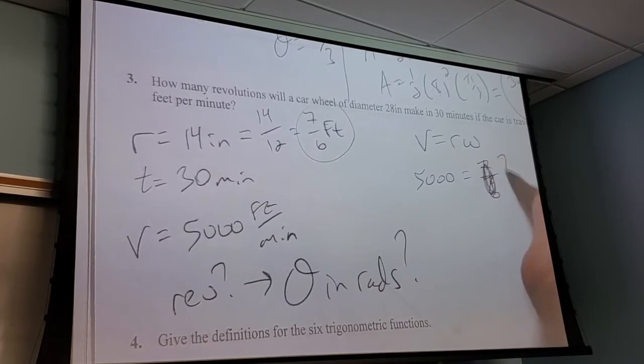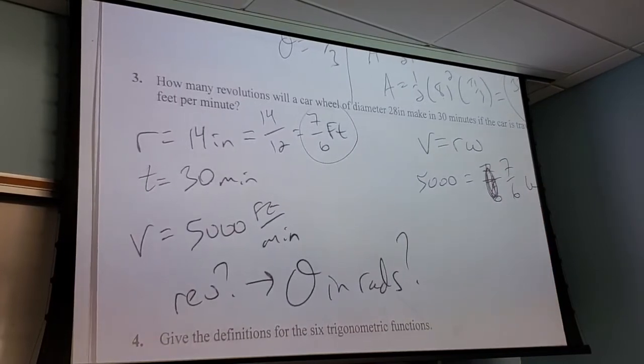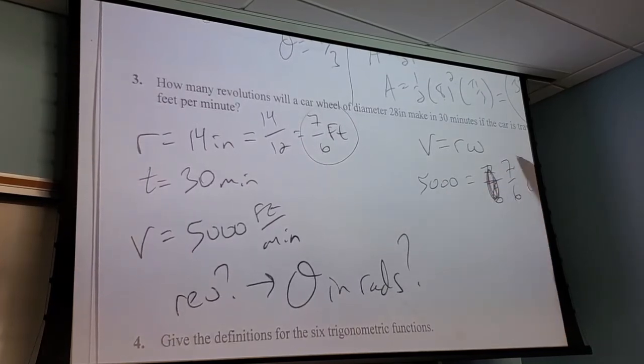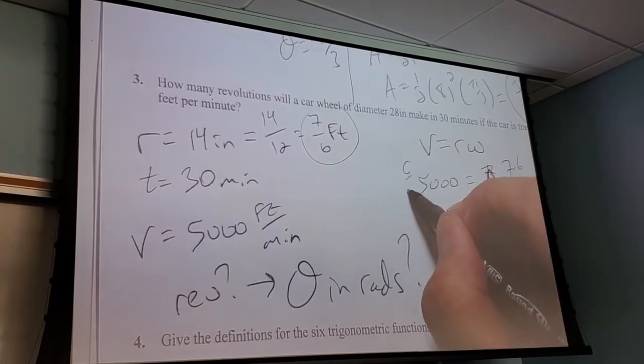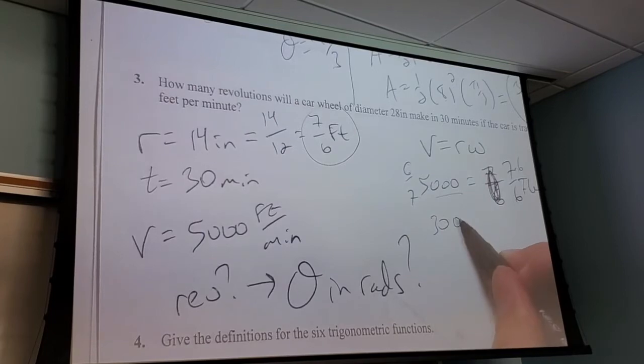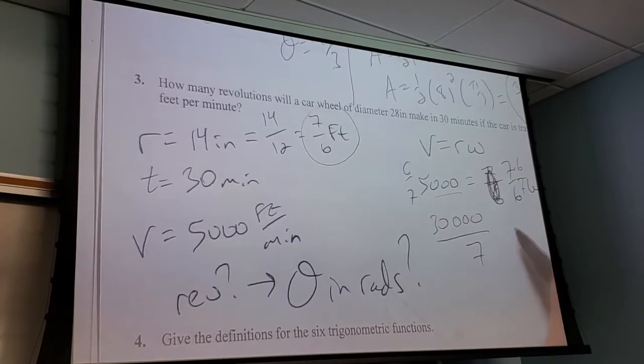So can't I figure out what omega is? And again, if you use a decimal, it's okay, but your answer is going to be off by a little bit. So how do I solve? I would just multiply by 6/7, right? So I get 30 times 6 times 5,000 over 7. That's omega.